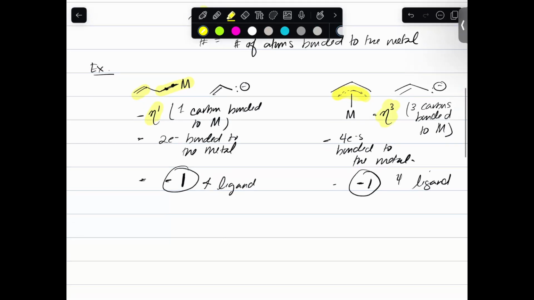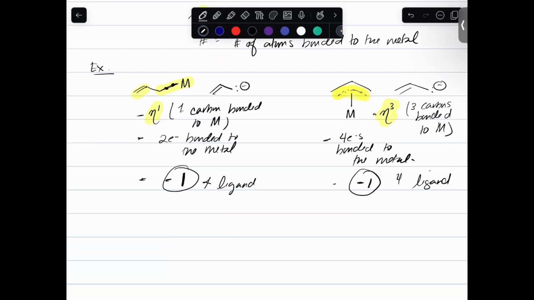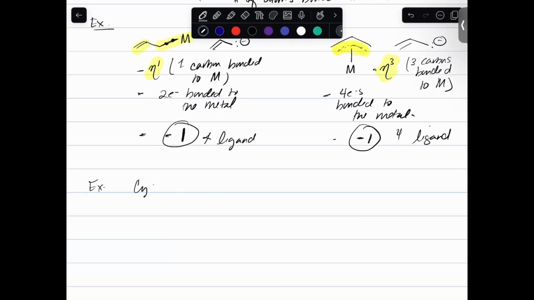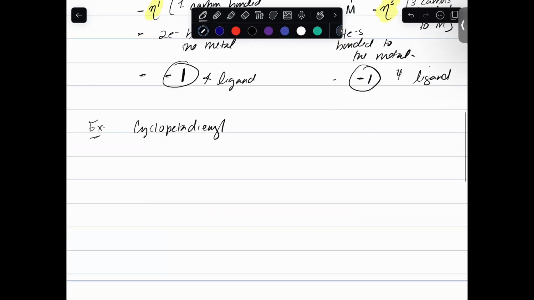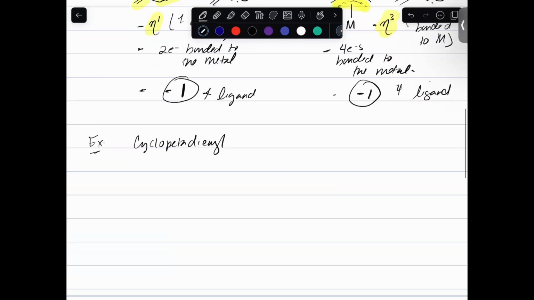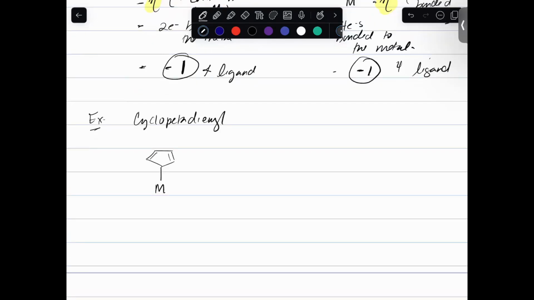The other example that I gave you was of cyclopentadienyl, and it was also on your problem set. We introduced it as follows, where I told you this cyclopentadienyl, just like before, you've got 2 electrons.